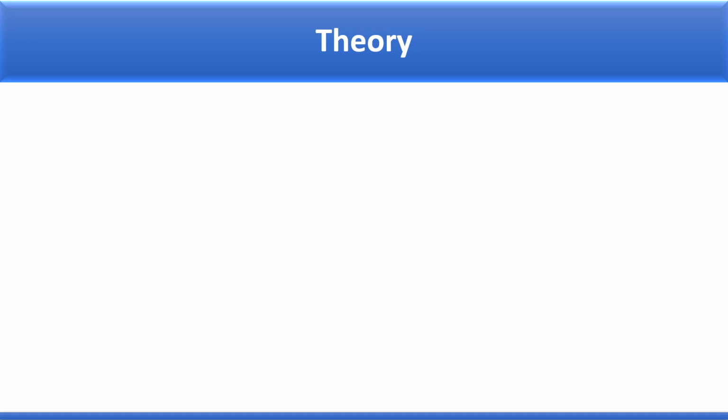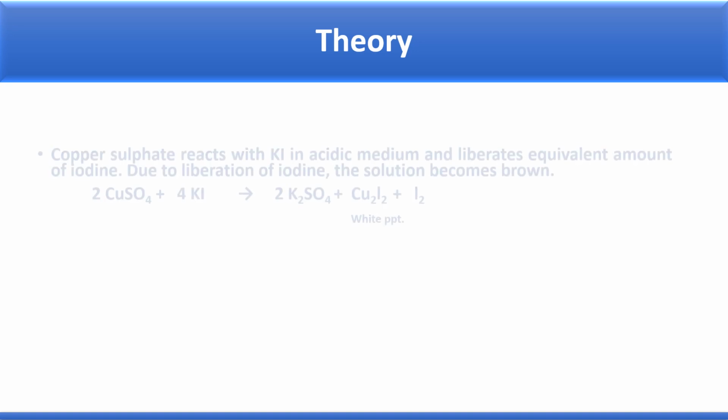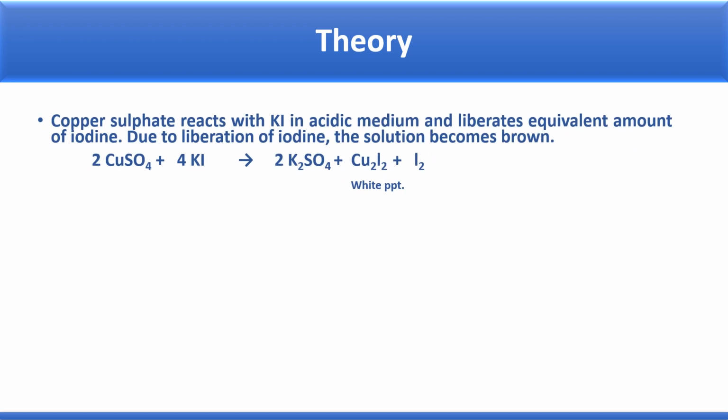Before starting the performance, let us discuss the theory or the basic principle involved in this titration. The copper sulfate reacts with potassium iodide in acidic medium and liberates an equivalent amount of iodine. Due to the liberation of iodine, the solution becomes brown.